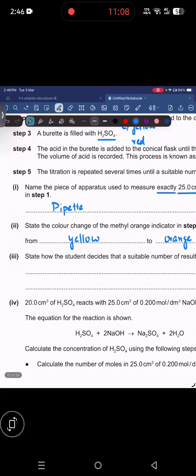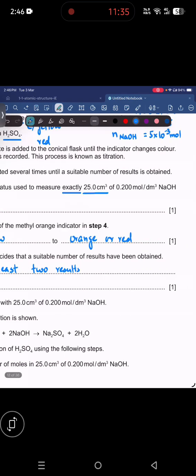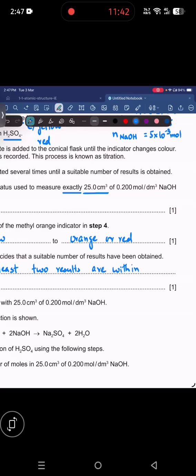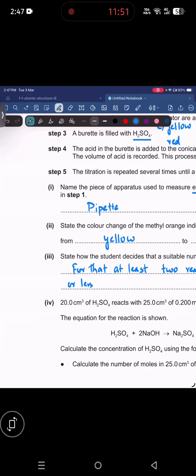For a suitable number of results, at least two results are within 0.2 centimeter cube or less in difference.